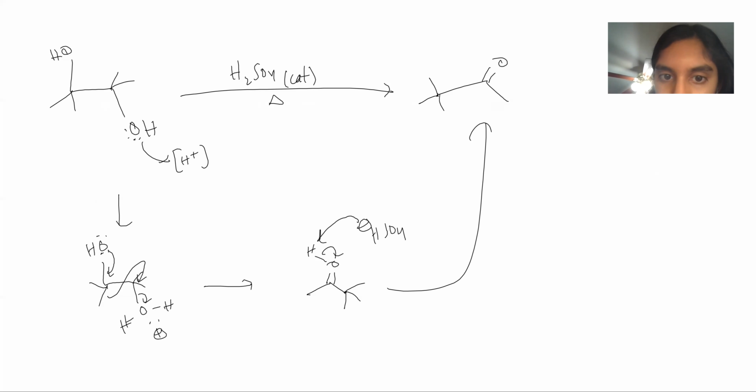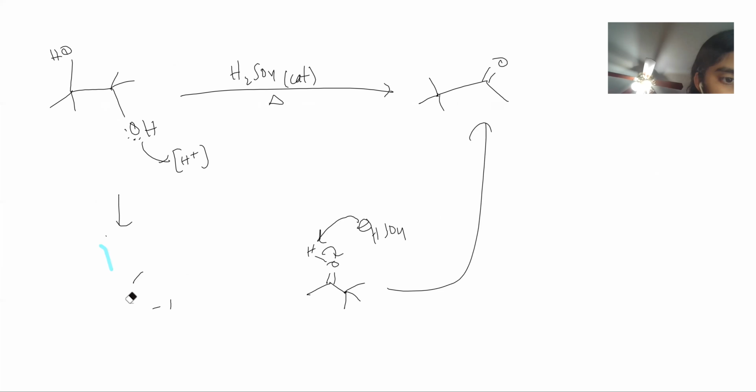I think in his thing he wrote A minus, like he used HA, but I think you can just do it this way. Oh shoot, I did it wrong. This leaves first. Let me just redraw these two steps.